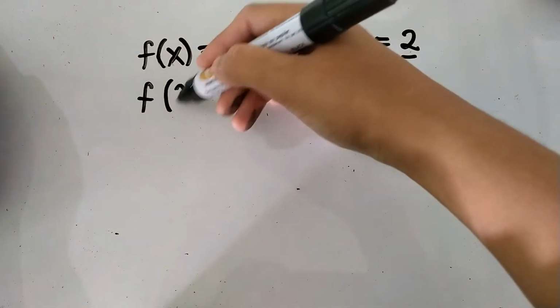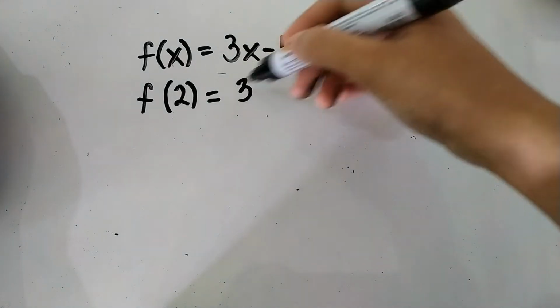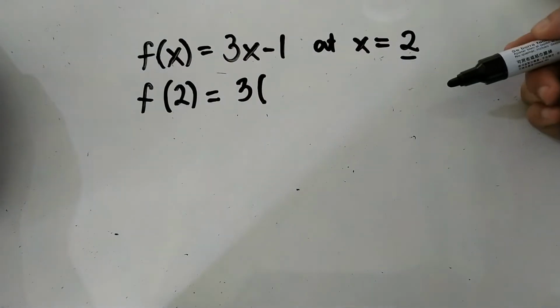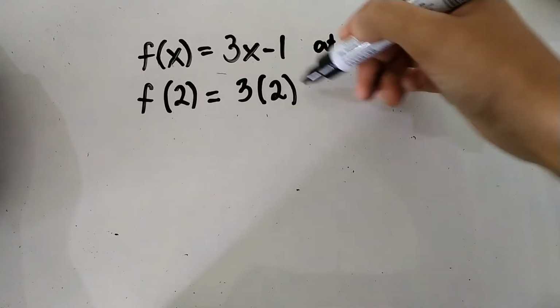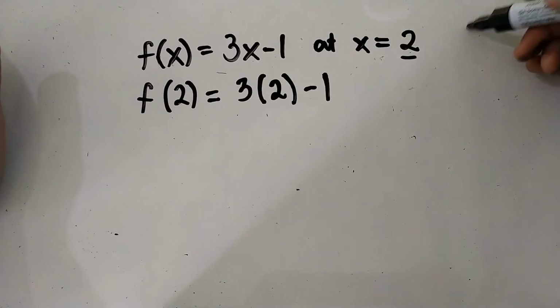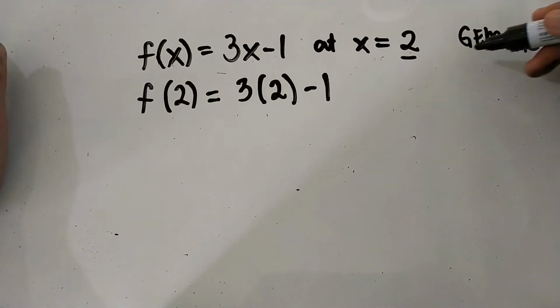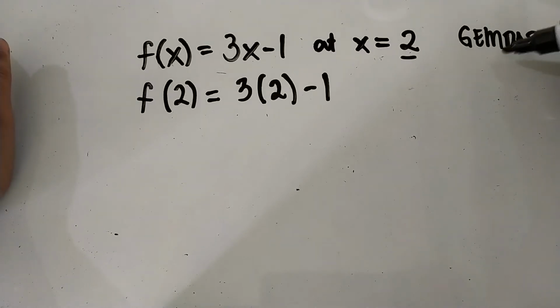So, this is f of 2 equals 3 times 2 minus 1. And then, always remember the GEMDAS. Group, exponent, multiplication, division, addition, and subtraction, whichever comes at the left side.